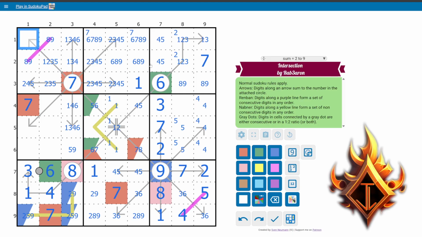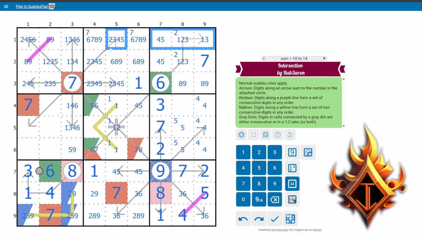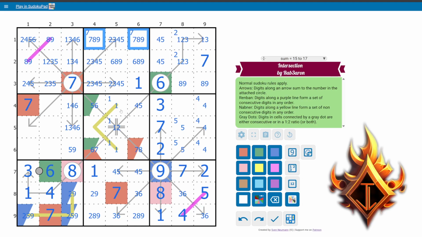So this one will be 2, 4, 5, 6. 1, 2, 3, 4, 5, 6. 7, 8, 9.